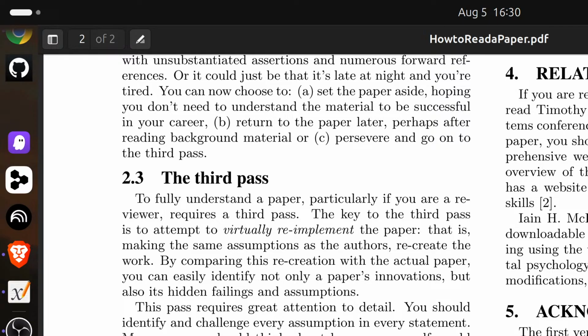Recreate the work, and by comparing this recreation with the actual paper, you can easily identify not only the paper's innovations but also its hidden failings and assumptions. This pass requires great attention to detail. You should identify and challenge every assumption and every statement.